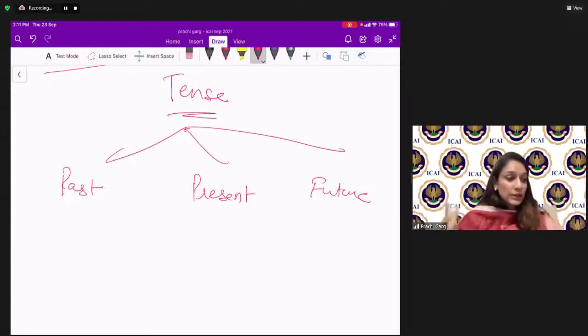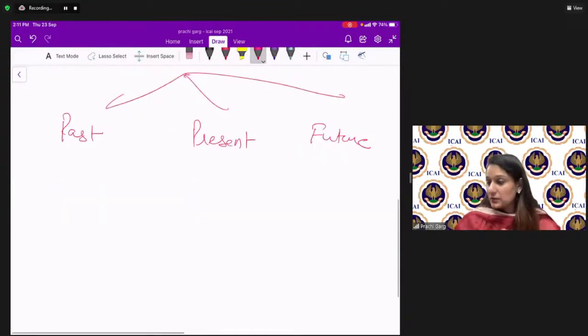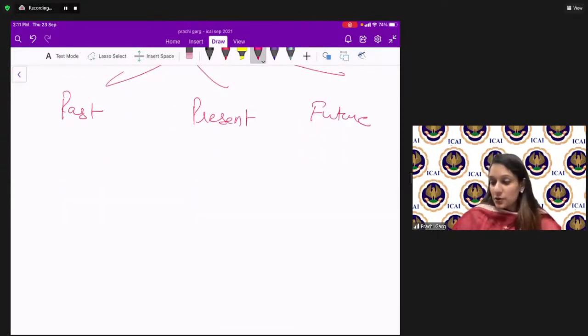After that, underneath all these three, we have four more tenses. Okay, classifications, I would say. So past, present, future, all are classified into four more forms.